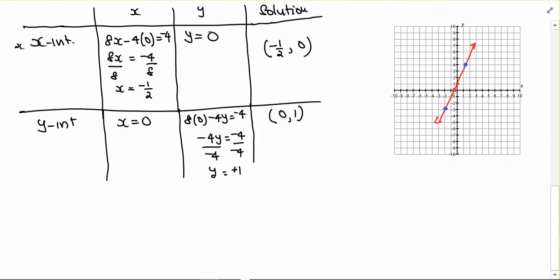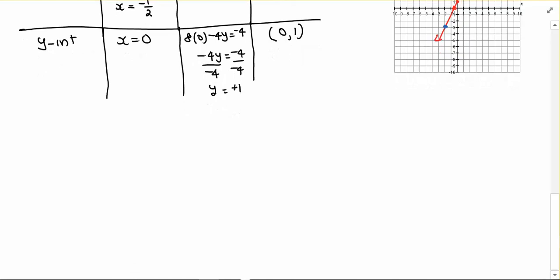All right, let me do one more problem, one more example for you to see, and then we'll stop. So fractions, unfortunately, will happen because you're locked in with these numbers.